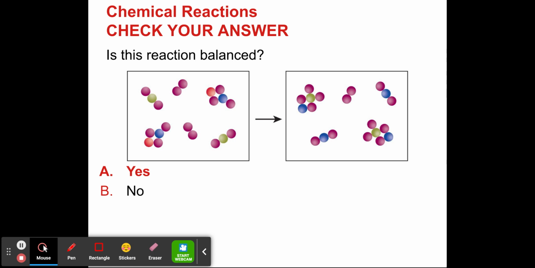But very soon you will understand that this reaction in reality, if you take into consideration the colors, is not going to be balanced, because the number has to be balanced and the type also has to be balanced. Okay.